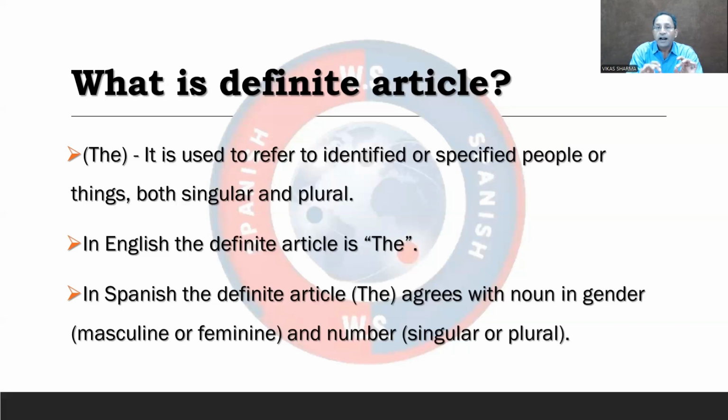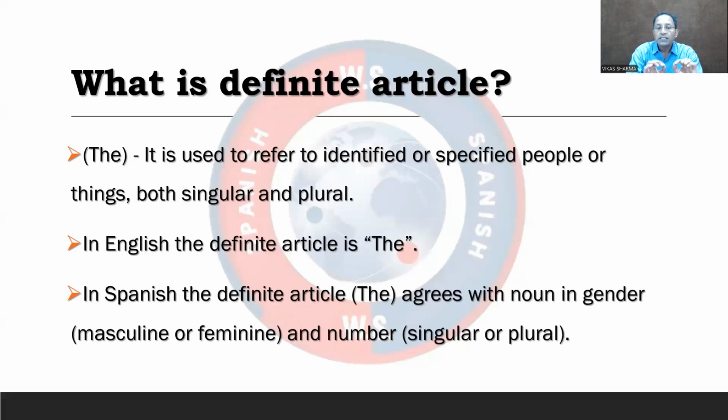Now please note, in Spanish, the definite article agrees with the noun in gender and number. You'll learn it more briefly in the upcoming video.